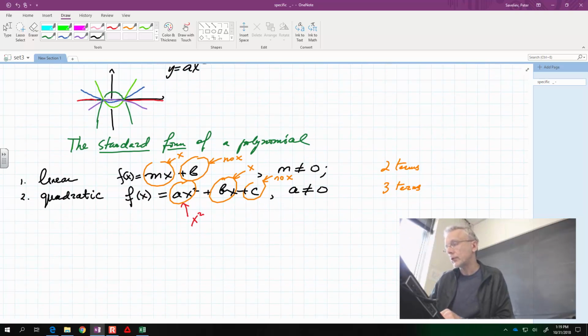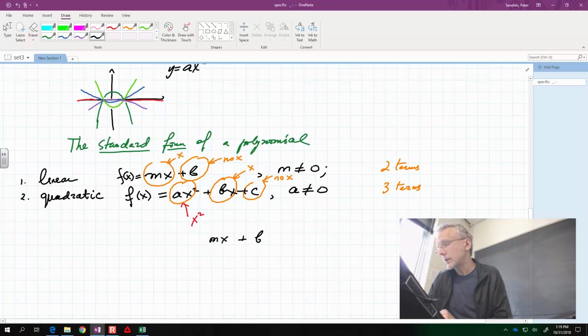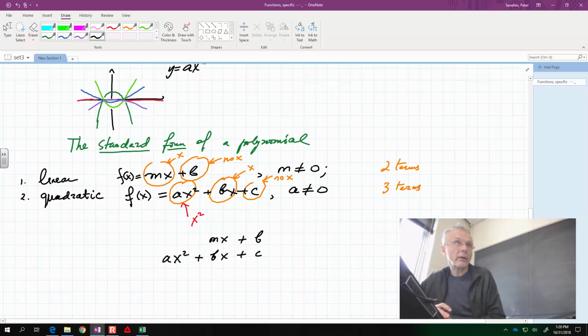So let me try to move in that direction. I will align them better, mb and mx. Okay, and here I have bx plus c, and here I have ax squared. Okay, you see the alignment now. The last column aligned are constant terms.